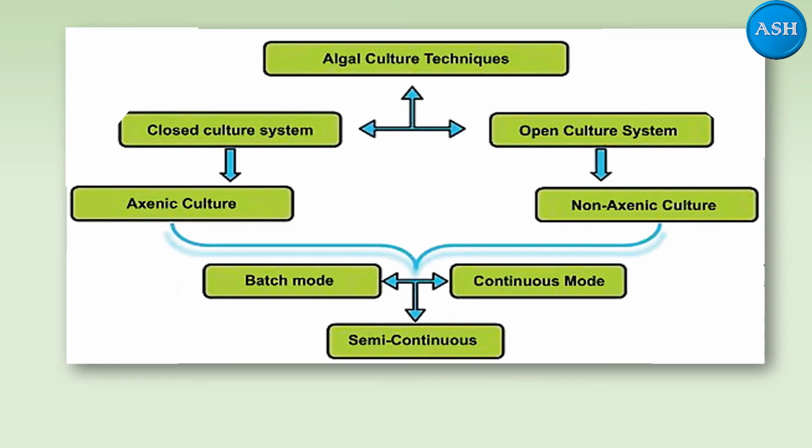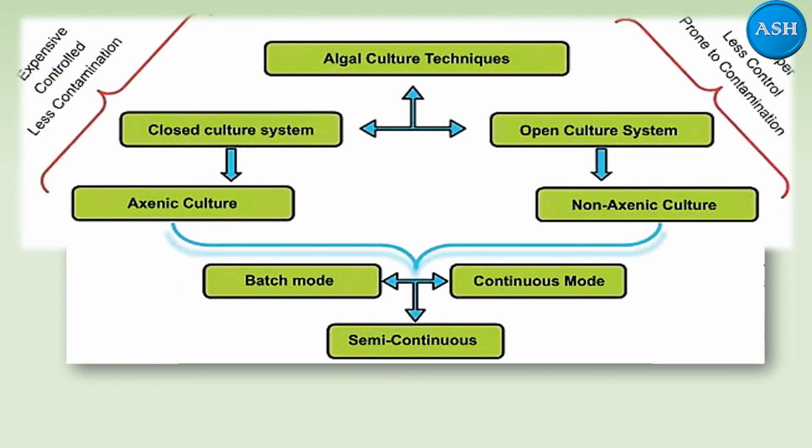Okay, so now we will see all these operating modes and their advantages as well as disadvantages. In the closed culture system, it is expensive, so this is one of the disadvantages, but it can be controlled, meaning temperature, pressure, light conditions can all be controlled, and there is a less chance of contamination.